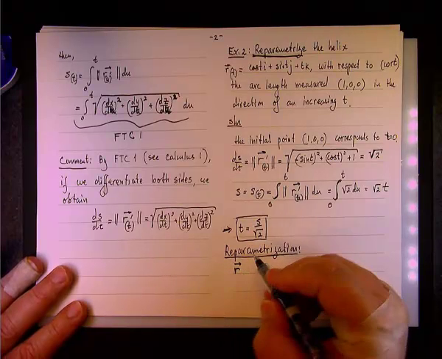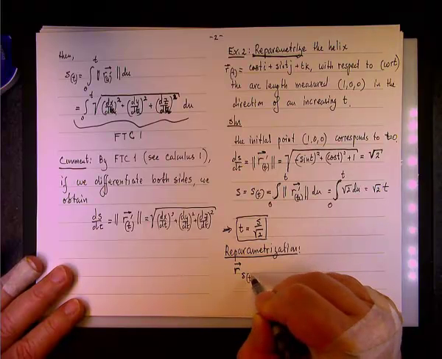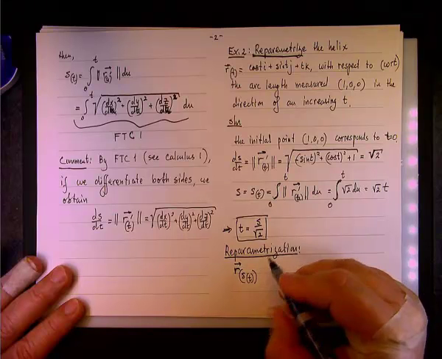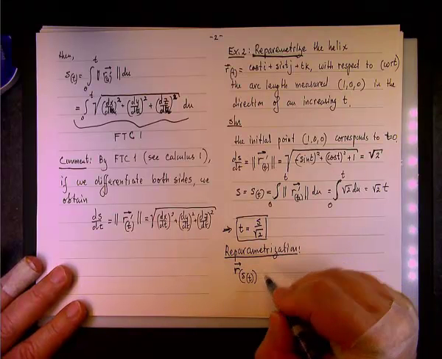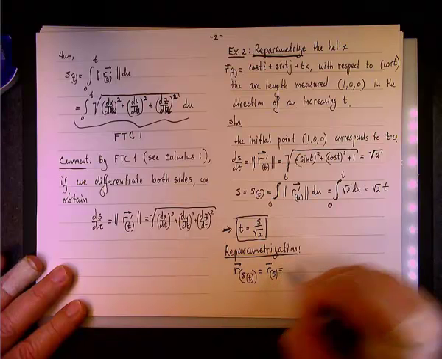We take our curve defined by the vector r of t, but instead of r of t, we're going to use the composition. We're going to say it's r of s of t, or simply r of s.